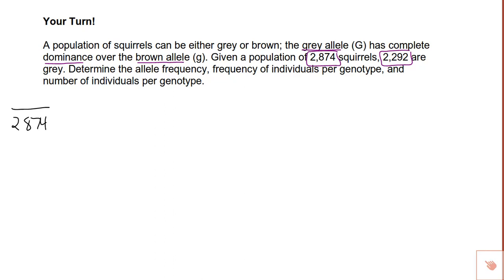And if 2,292 are gray, which is the dominant phenotype, that means that if I subtracted the dominant from the total number, I should get the number of individuals who exhibit the recessive phenotype. That's 582 would be my homozygous recessive.